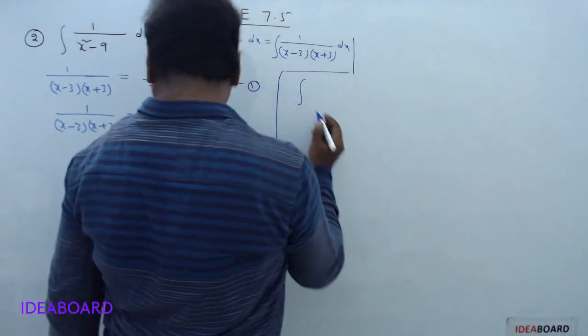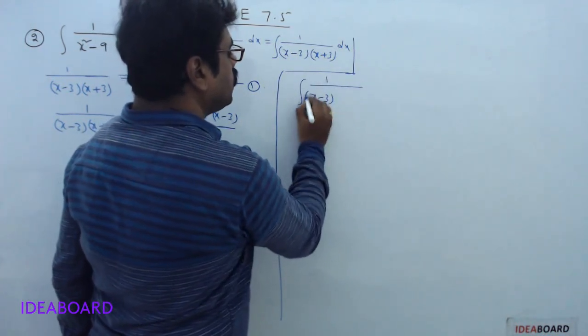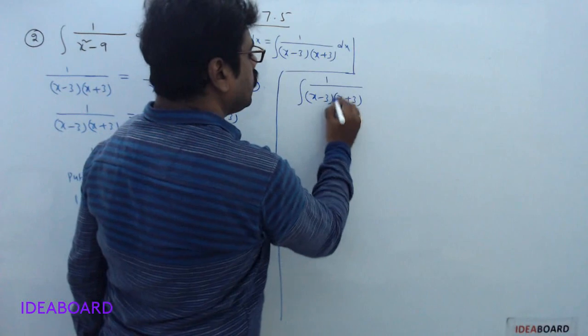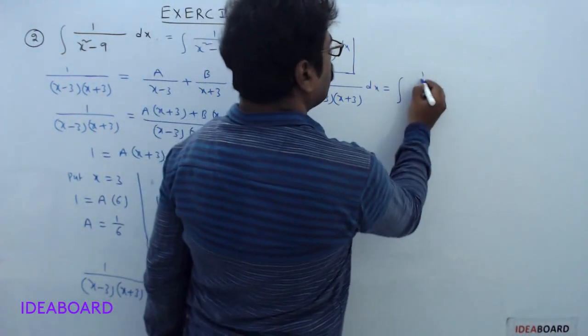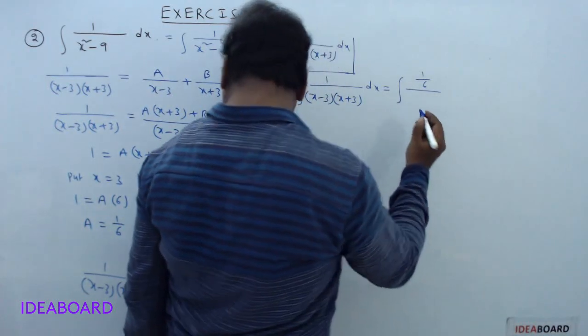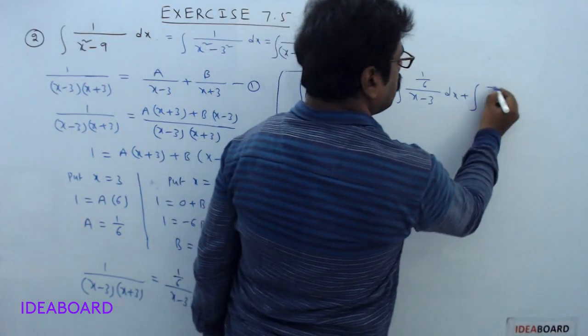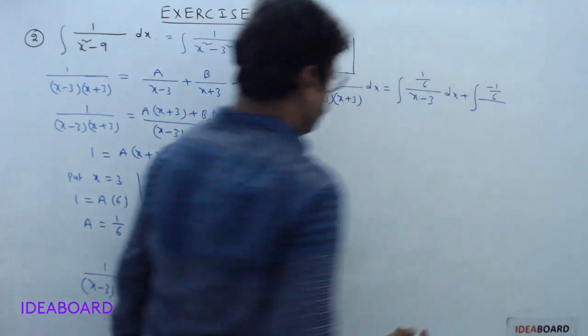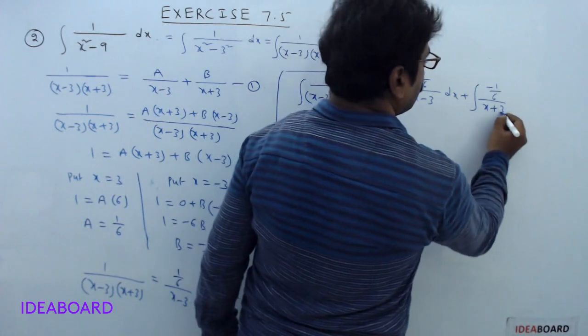Now that is integral 1 divided by x minus 3 into x plus 3 dx equals integral 1 by 6 divided by x minus 3 dx plus integral minus 1 by 6 divided by x plus 3 dx.